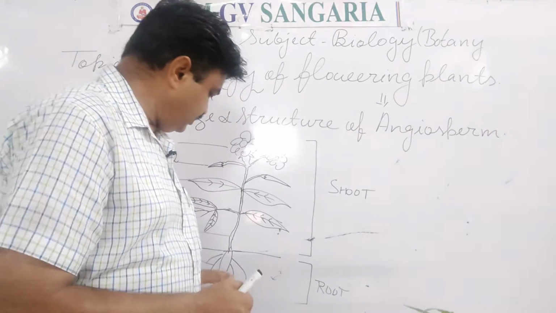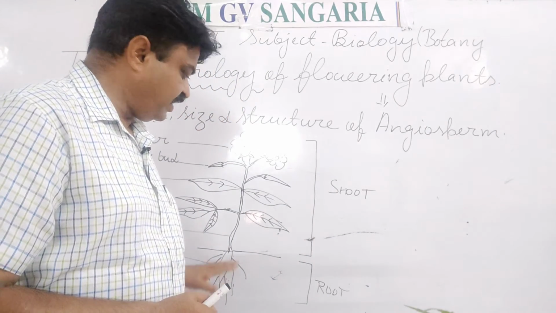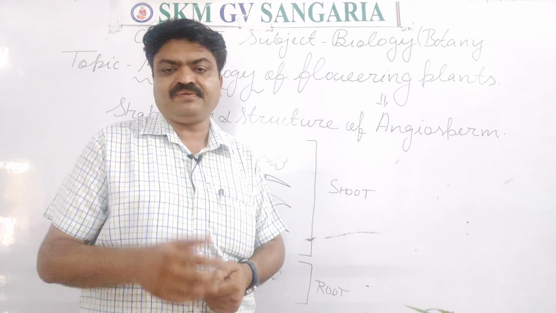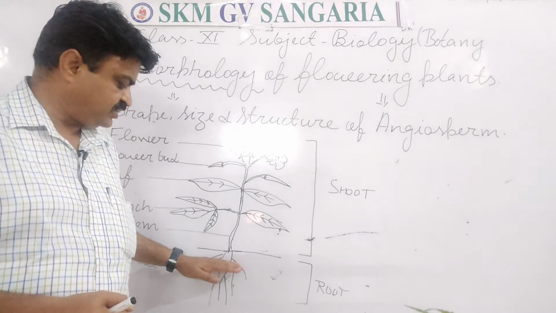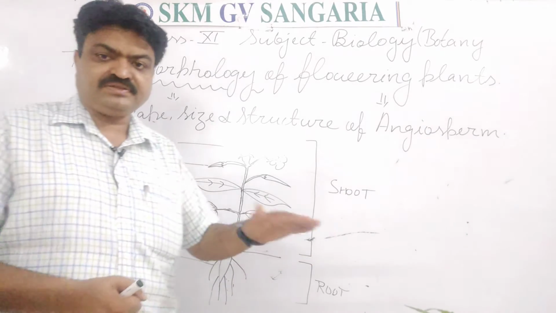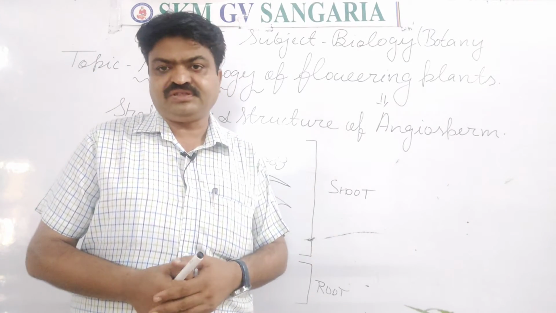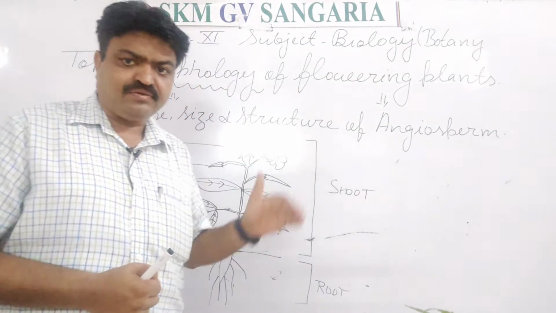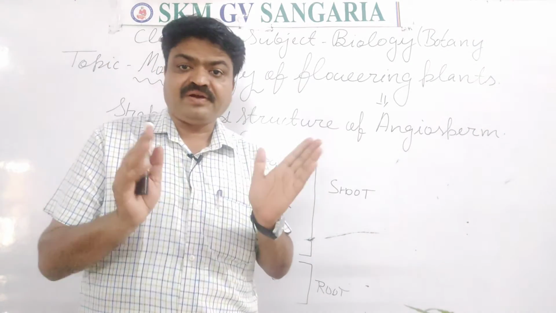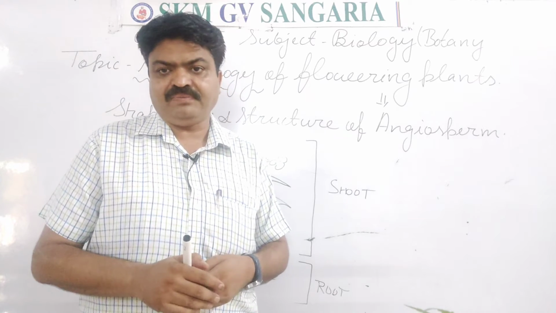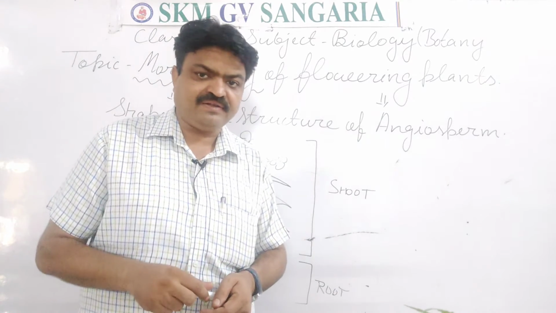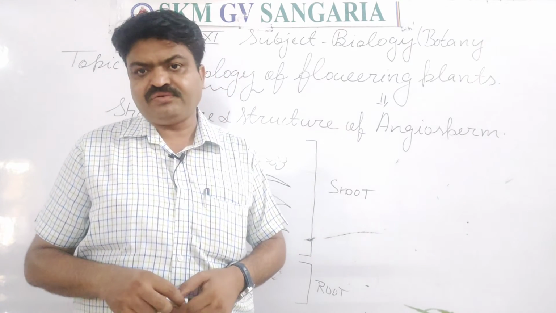Now this root system can be divided into three parts, like the primary, secondary and tertiary root system. All the roots have a cap, and that cap is known as root cap, means one layer is found above the root.